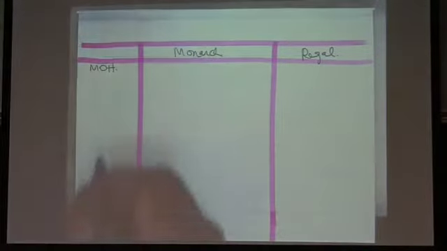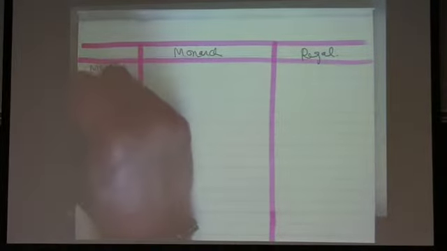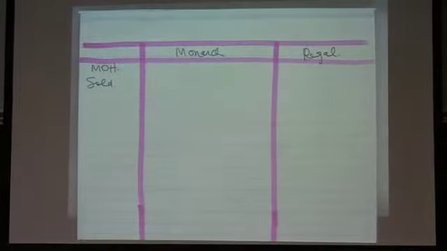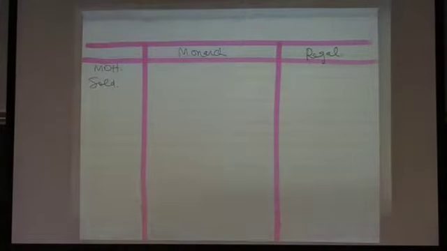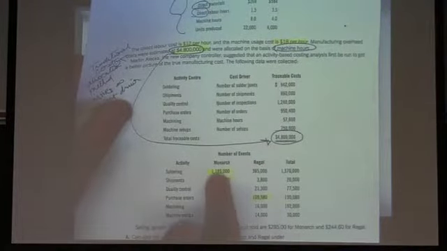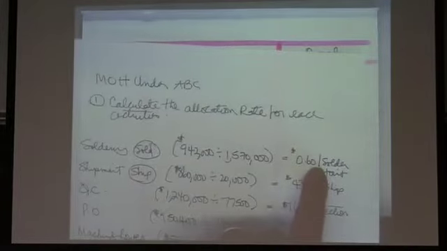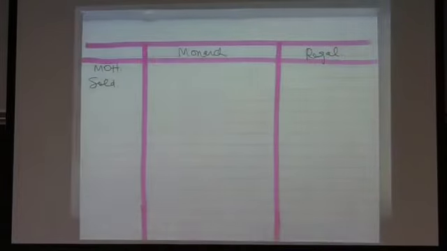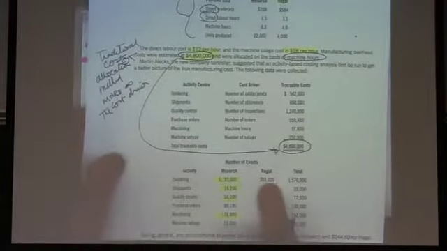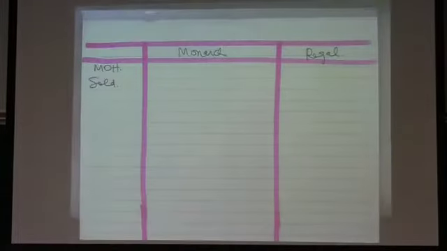The first one is soldering. And we know for Monarch it's 1,185 times the cost per unit, right? Times 60 cents. That's what we're going to do. And the next one is you've got Regal, 385 times 60 cents.